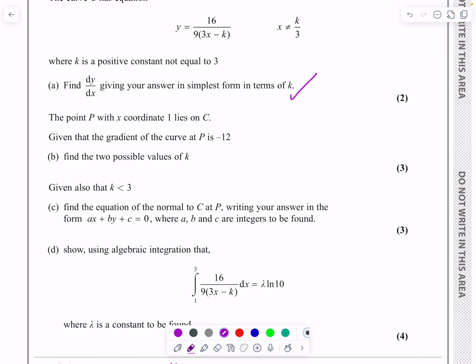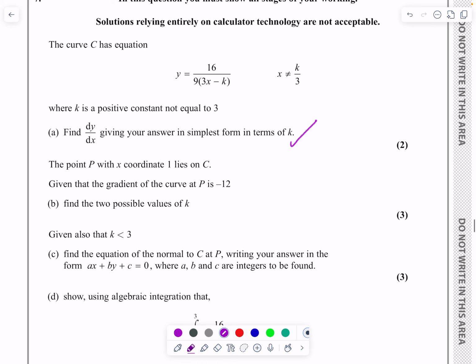Then part B says the point P with the x coordinate 1 lies on C. Given that the gradient of the curve at P is minus 12, can we find the two possible values of k? So what they're saying is that when x equals 1, dy by dx equals minus 12.